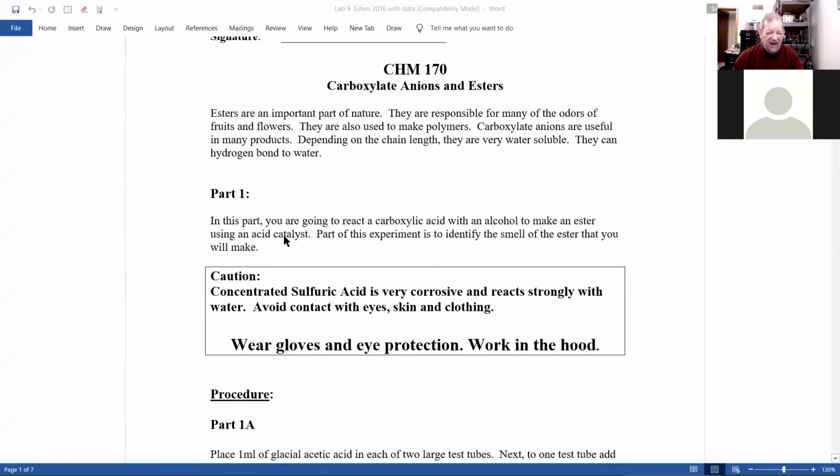Let's talk about esters. Esters are an important part of nature. They're responsible for many of the odors and also taste of fruits and vegetables and flowers in our daily life. And they're also used to make polymers. Now I'll talk later about carboxylate anions.